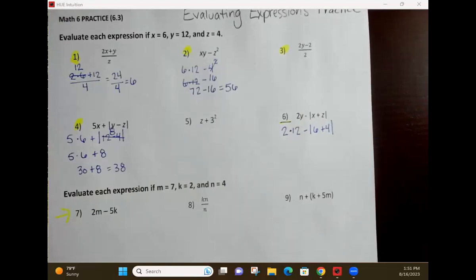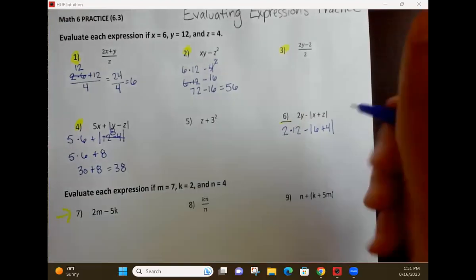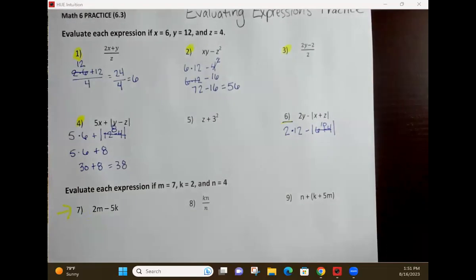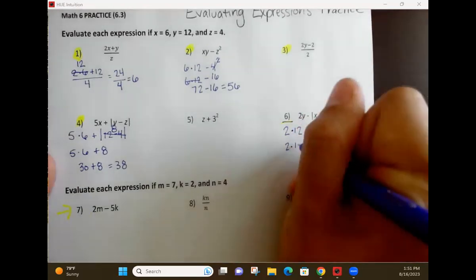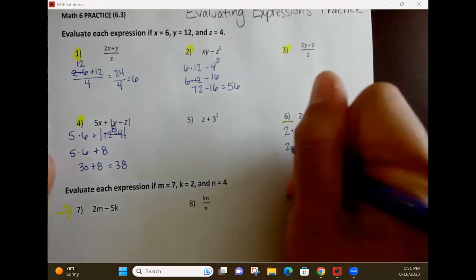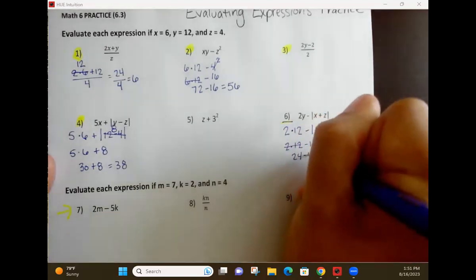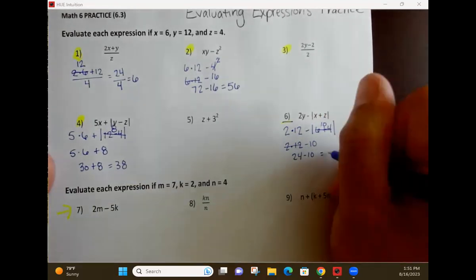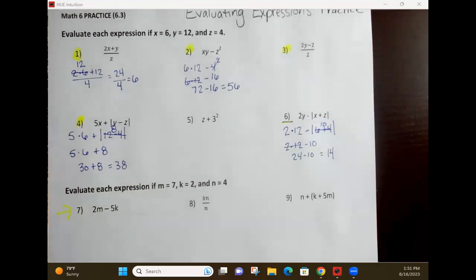First thing I want to do. Inside my absolute value. 6 plus 4 is 10. What's the absolute value of 10? 10. So I've got 2 times 12 minus 10. Now what? Multiplication, 2 times 12 is 24 minus 10. So we should get 14. Very good.